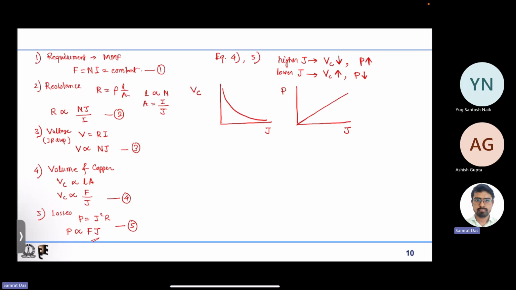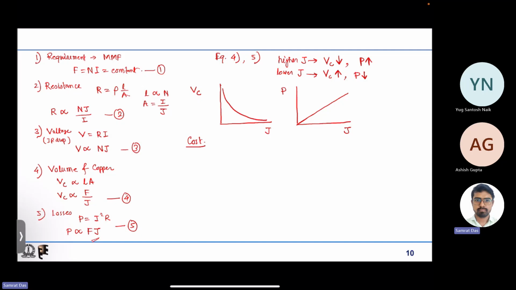Now we have to form another function that we need to reduce. So always we want to reduce cost. Everything, the volume of copper as well as the power loss, can be expressed in terms of rupees. So some cost in terms of rupees.